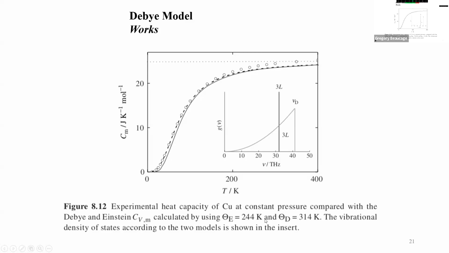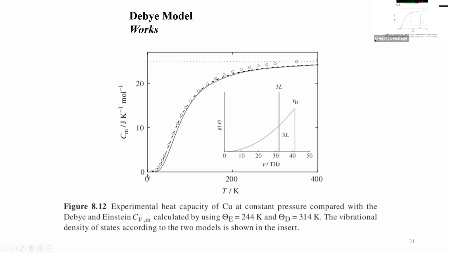So the two methods, and the Debye works better. It's got a better matching, especially at this really low temperature. It predicts T to the power 3, so heat capacity goes with T cubed for the Debye.